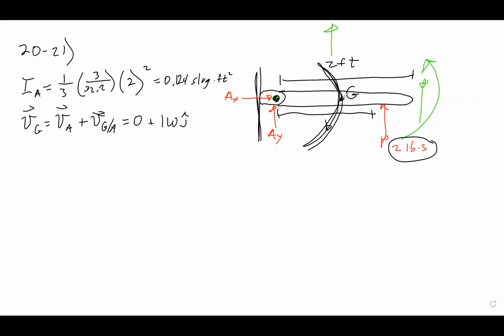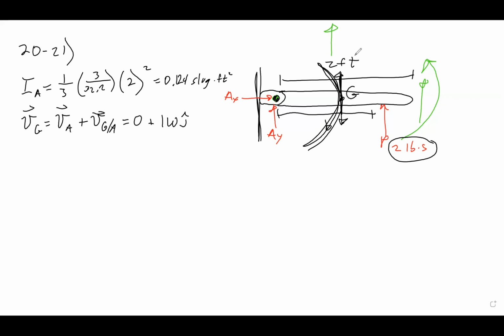G can only move exactly downward or exactly upward when in this position, this exact moment. So therefore, if the rod moves even slightly off of that, then there will be an I hat component. But in this exact moment, when the rod is perfectly horizontal, it is a J hat only.